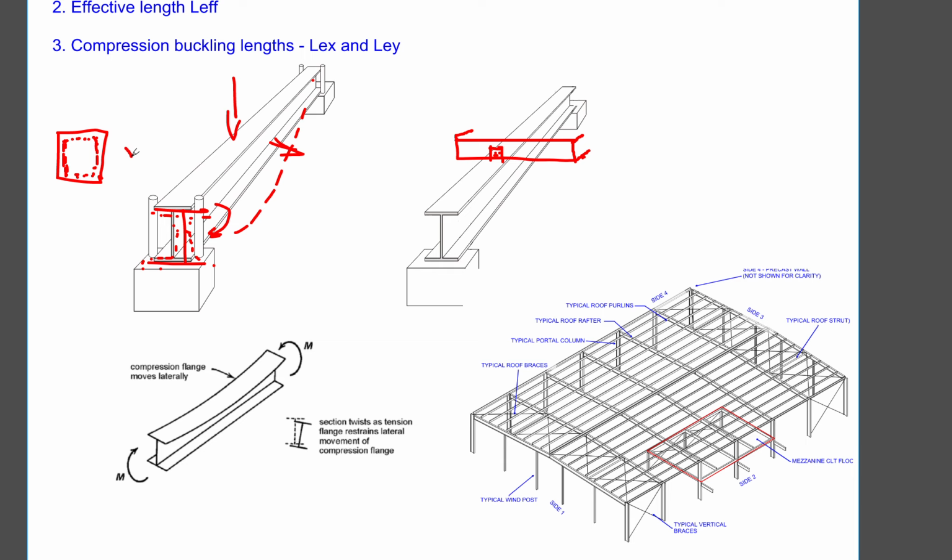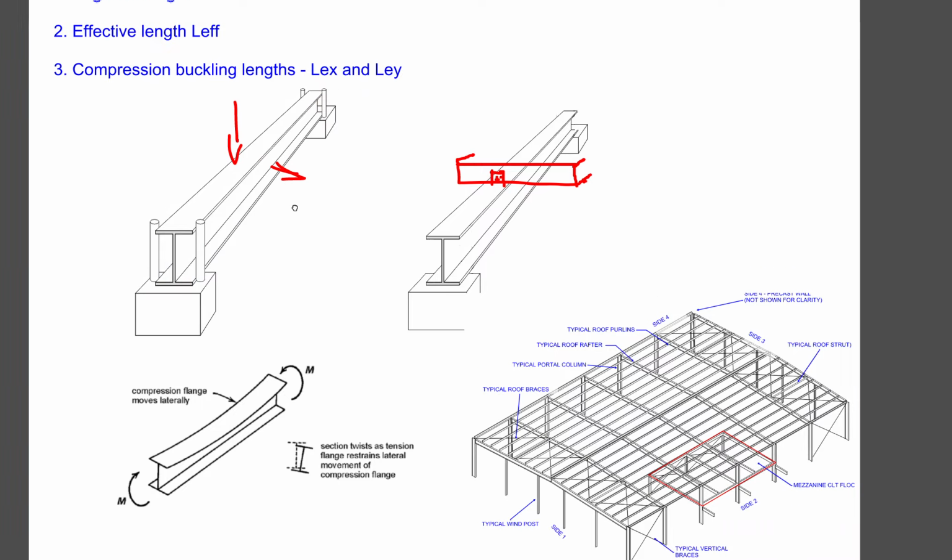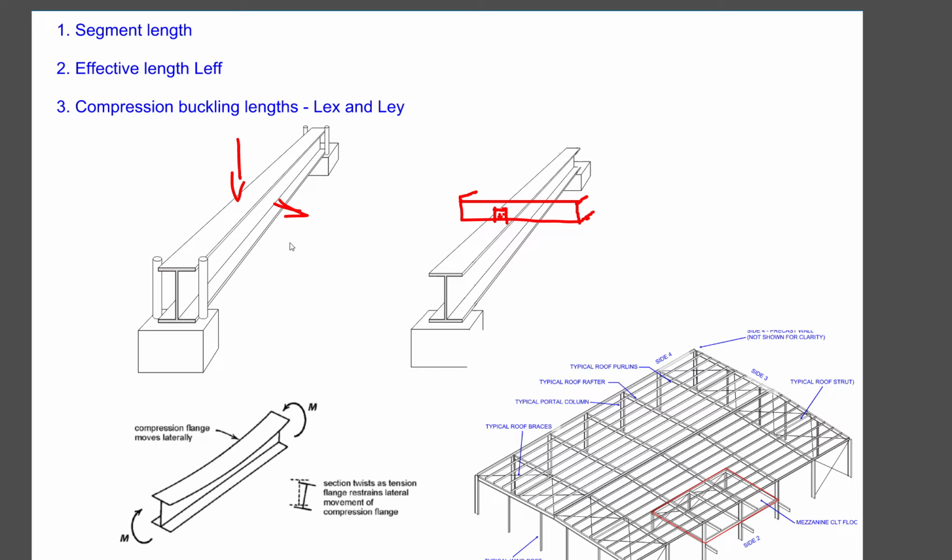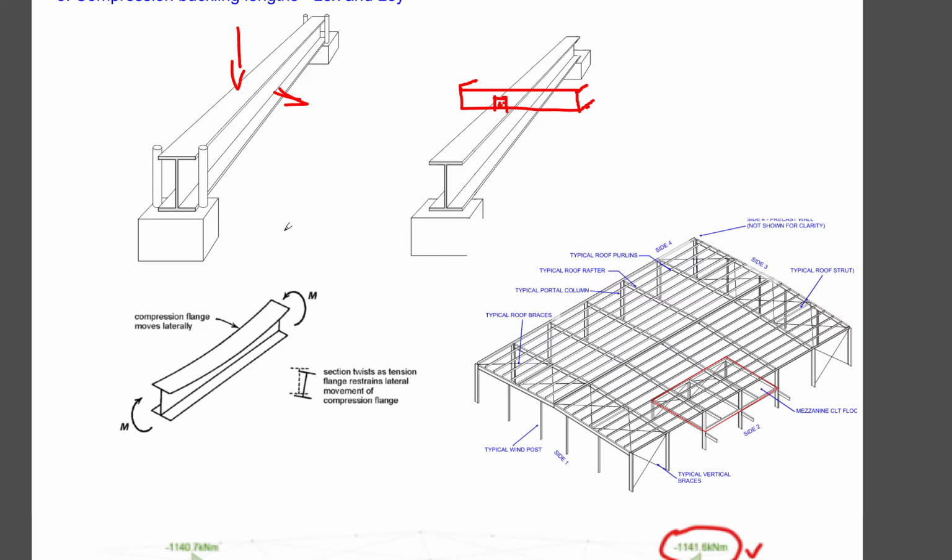It doesn't create any twisting flows. So in comparison, the hollow section is much more stable and much more twist restrained than an I-beam section. This is why we need to think about the twist restraint of this I-beam, because it does happen.